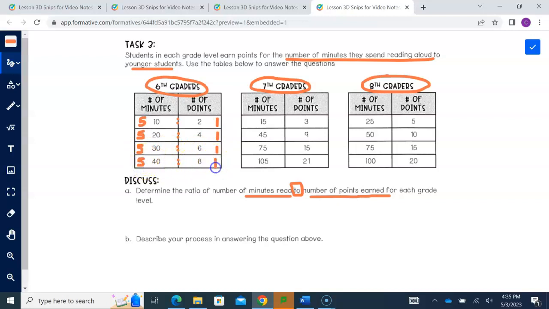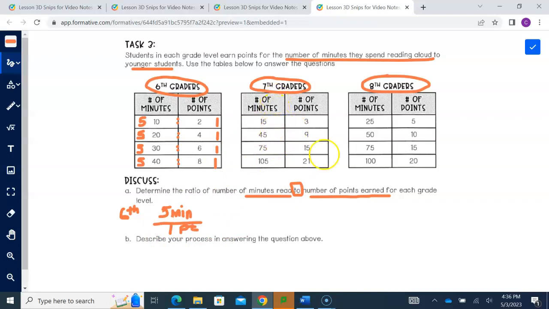So there's that consistent. So for 6th grade, the ratio is that every 5 minutes that goes by and they're reading, they get 1 point. So I wrote that in fraction form.